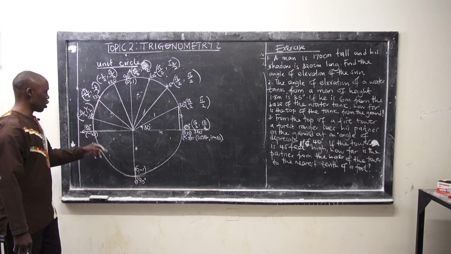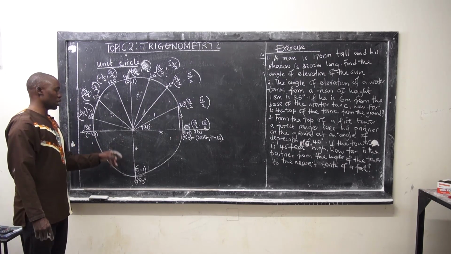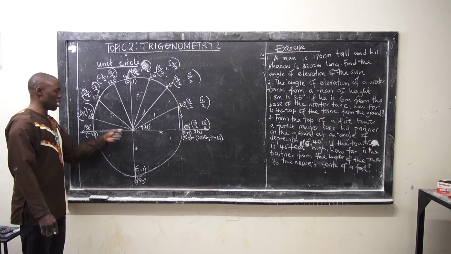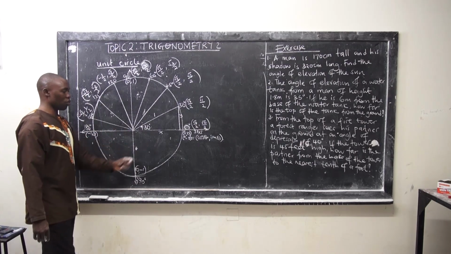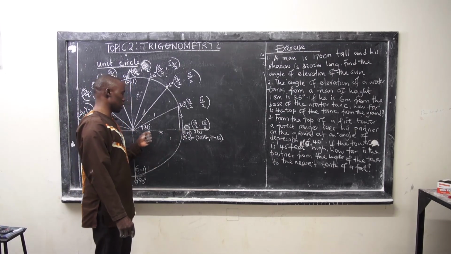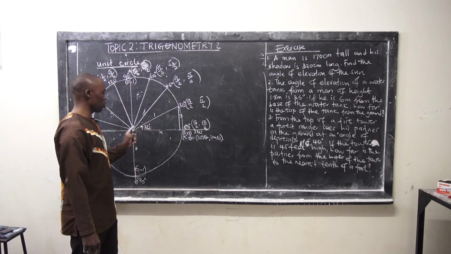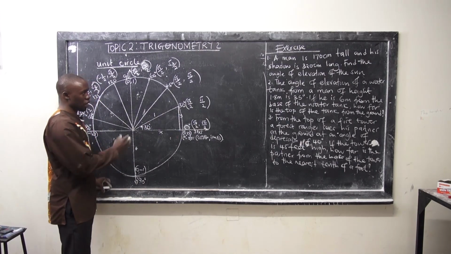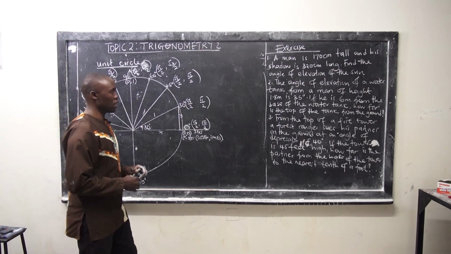Diving into the third quadrant, we see that both sine and cos are negative because both axes are negative. And looking at the fourth quadrant, the last quadrant, cos is positive but sine is negative because y is negative. So that's about what we call the unit circle.